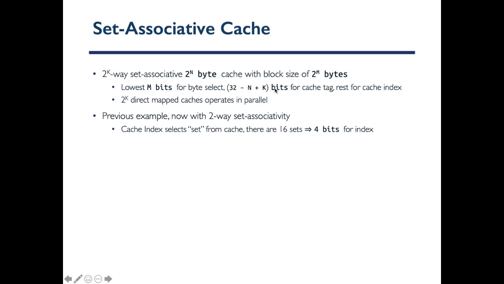Now, how many bits do I need for tag? To calculate how many bits I need for each tag, I first need to see how many sets I have, right? So I'm not going to do the calculation. Basically, the lower m bits, I'm going to use for byte select. Now I have 32.